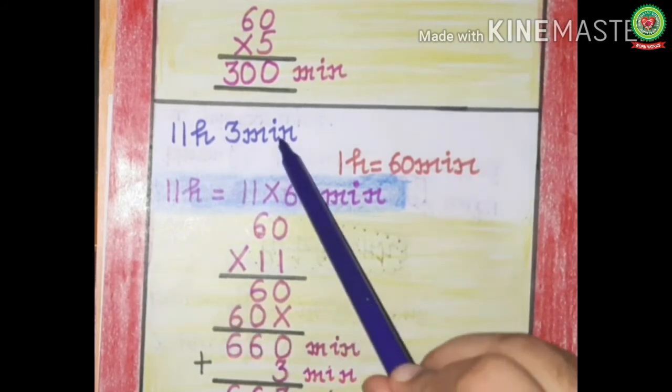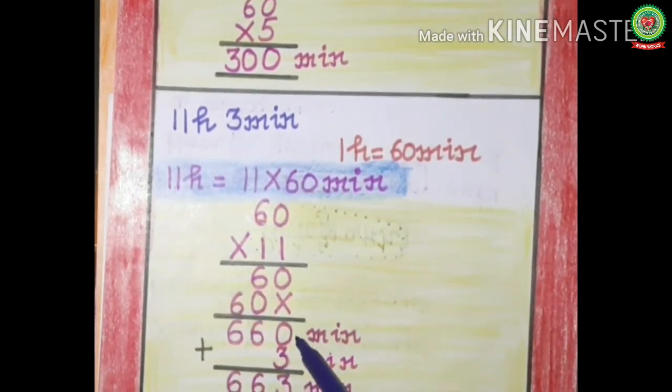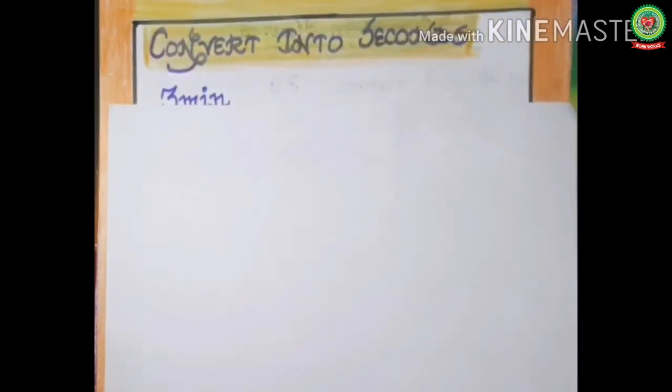Now let's do addition. 0 plus 3 is 3. Here 6 will come and here 6 will come. So the answer is 663 minutes.